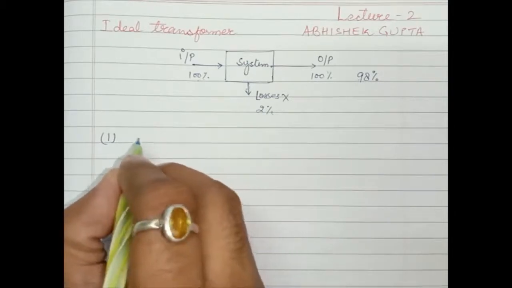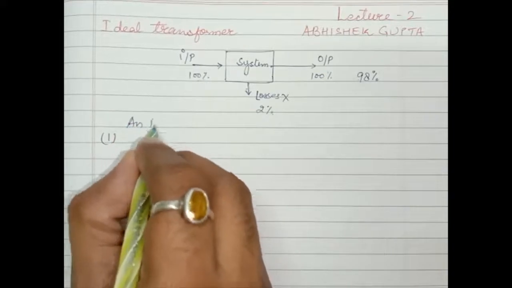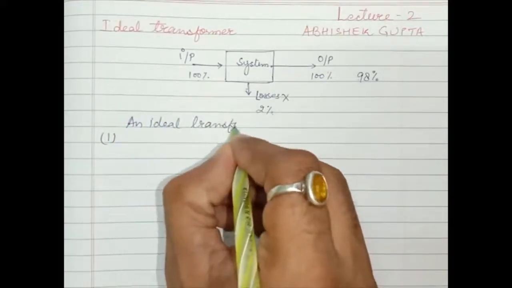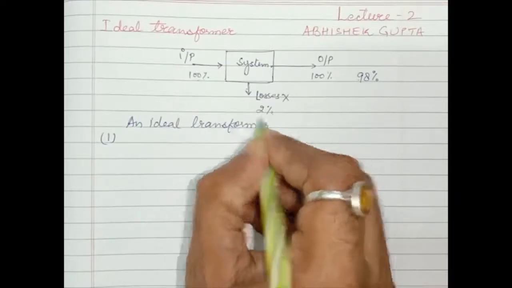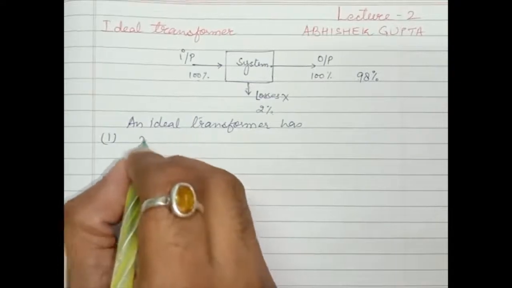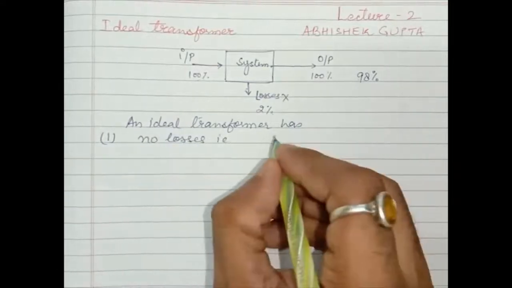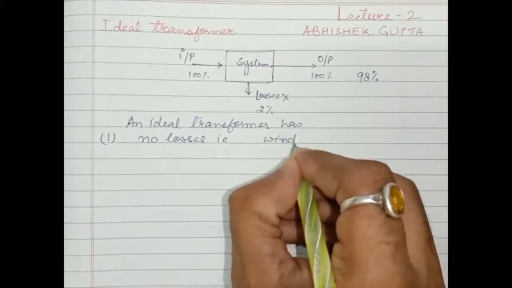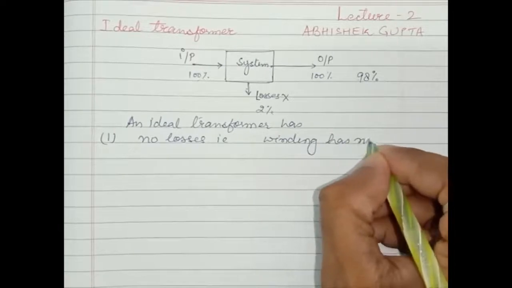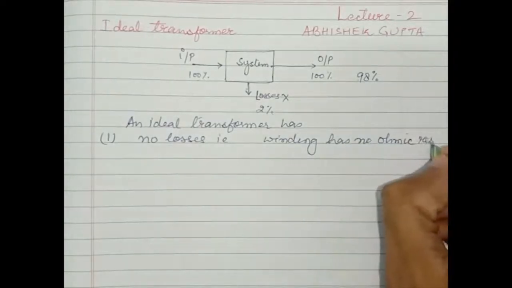No losses means an ideal transformer has no winding losses, that is, the winding has no ohmic resistance.